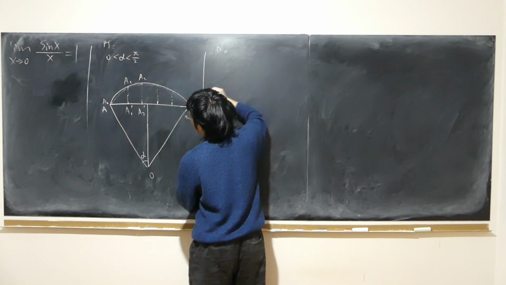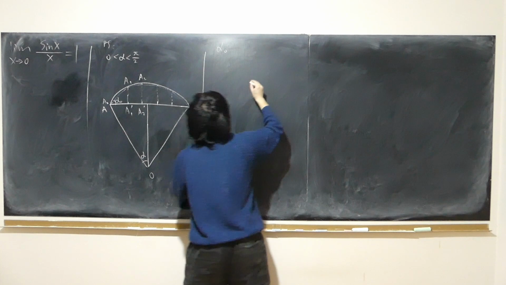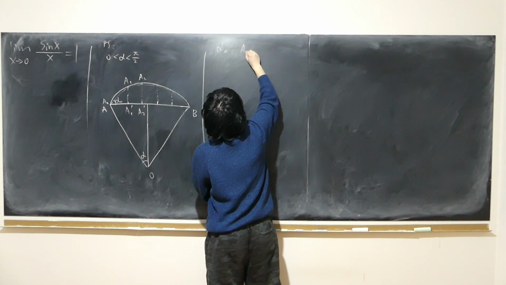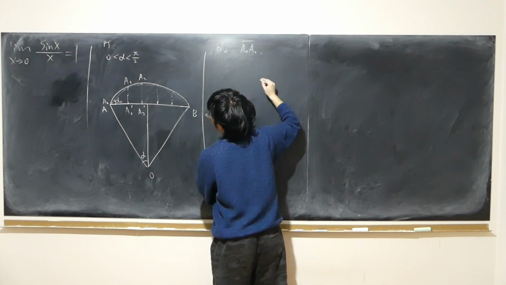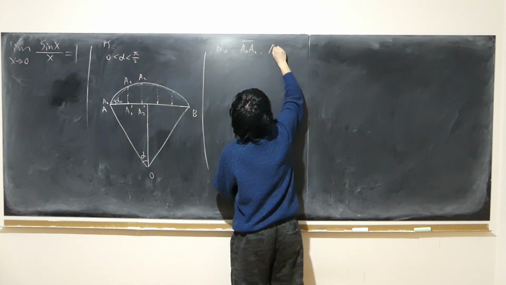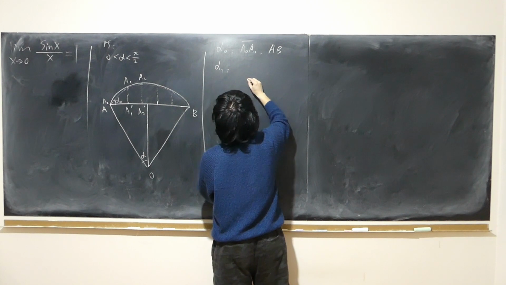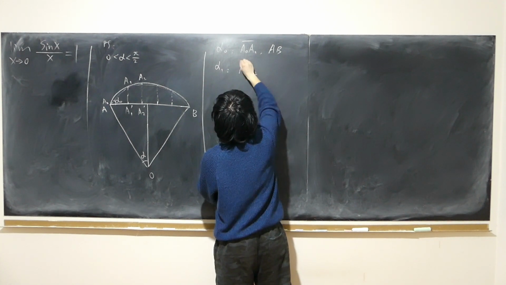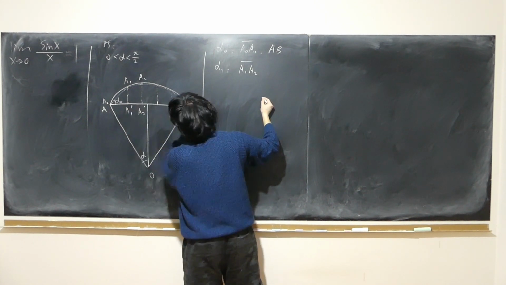So first of all, the angle denoted as alpha naught is the angle between the line segment A0, A1 and line segment AB. So likewise, alpha 1 is the angle between the line segment A1, A2 and line segment AB.